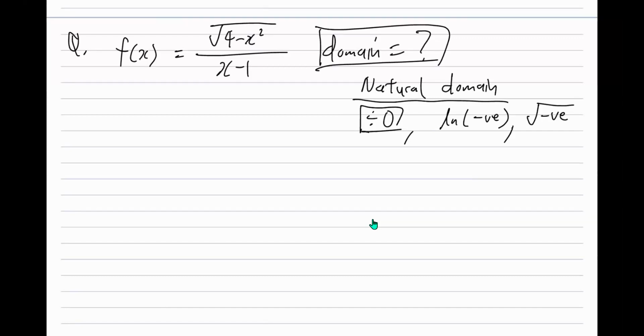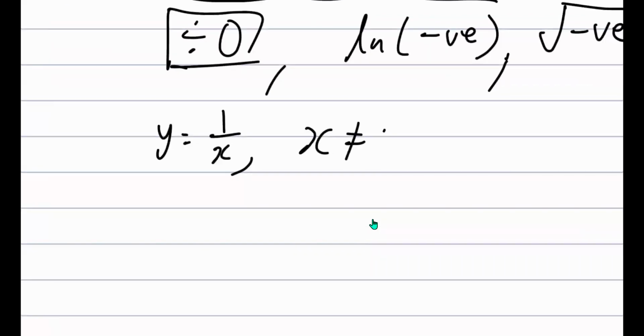So for example, y equals 1 over x. x can never be equal to 0. Never divide by 0. So x is not equal to 0.